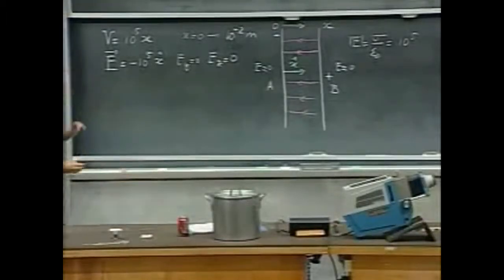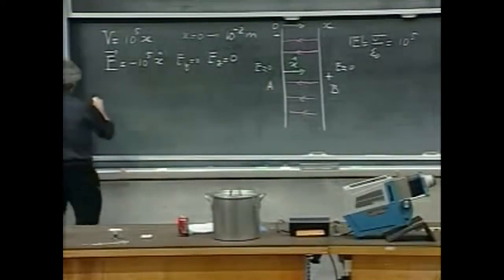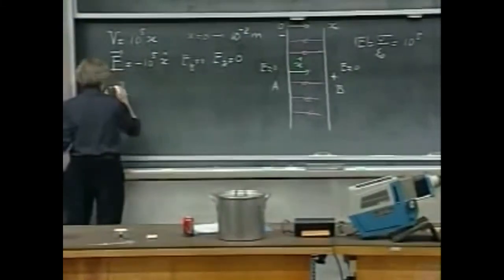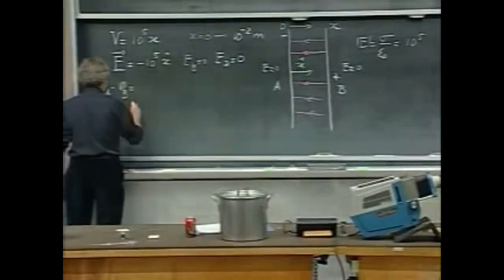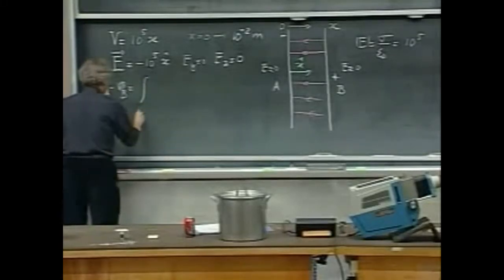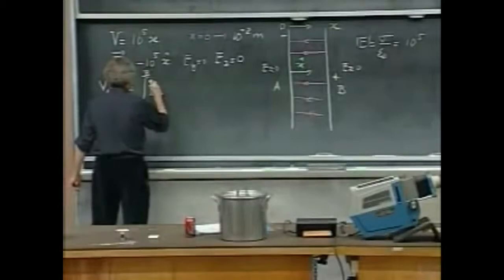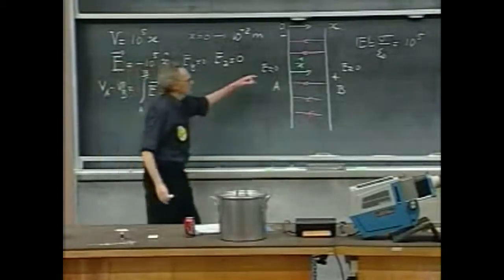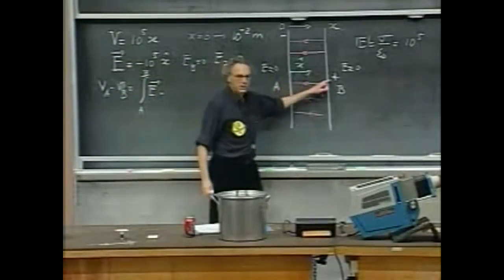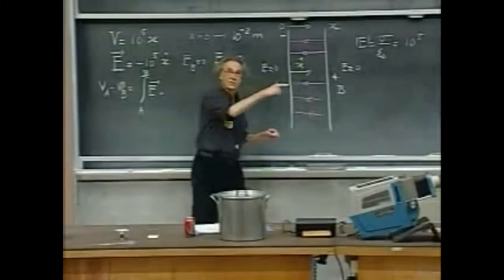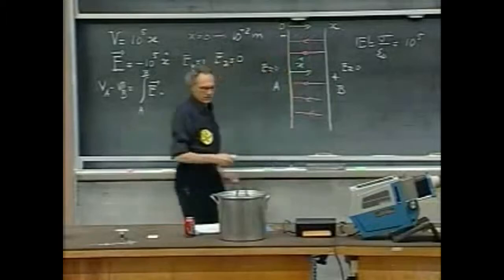What now is the potential difference? Well, VA minus VB is the integral in going from A to B of E dot dl. Well, I go from here to here, so I write down for dl, I write down dx, of course, because I call that the x direction now.